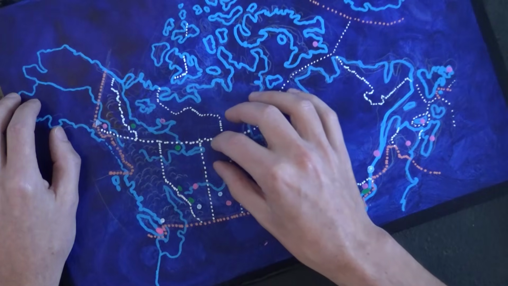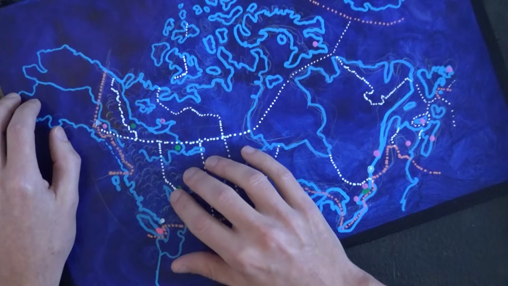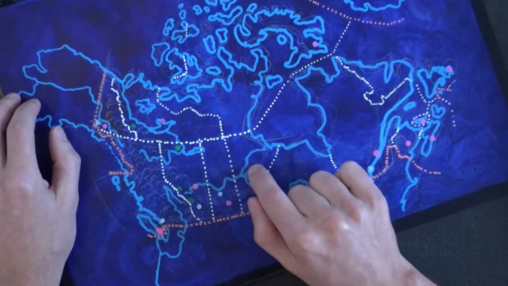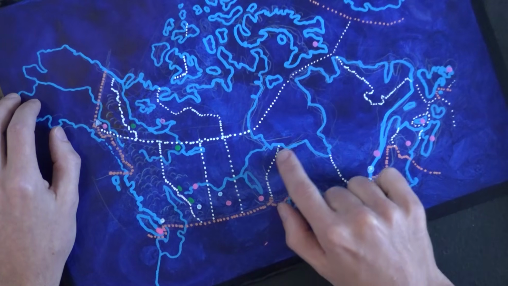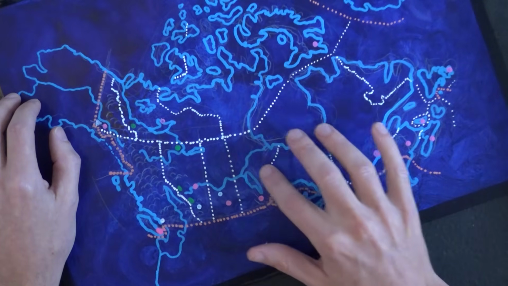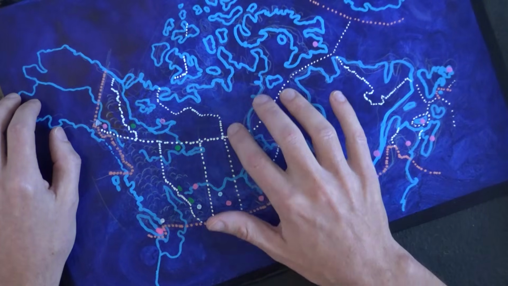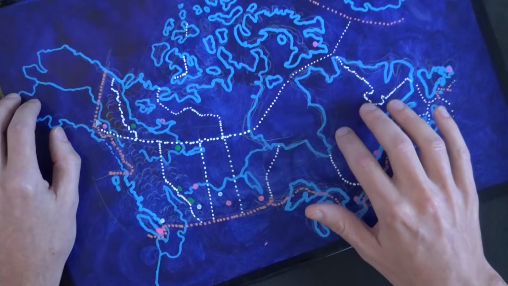So we have Ontario, also forests, I guess, all around Hudson Bay. It's a lot of forests, coniferous forest.